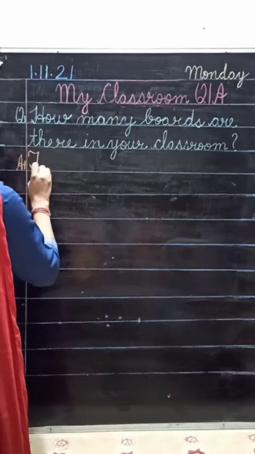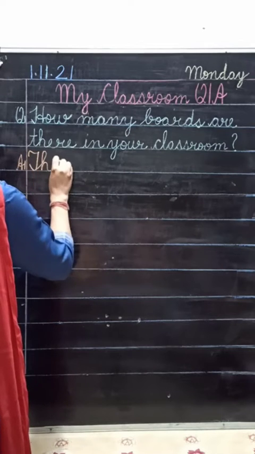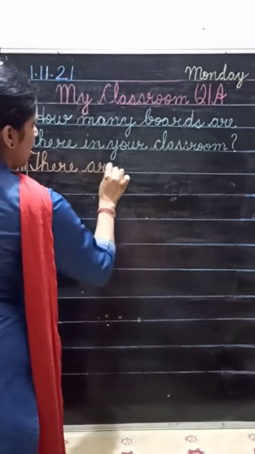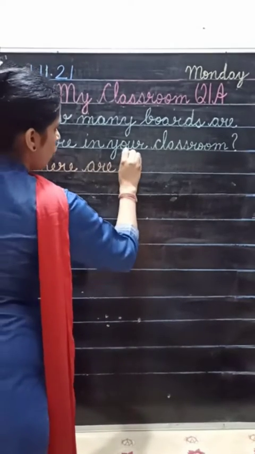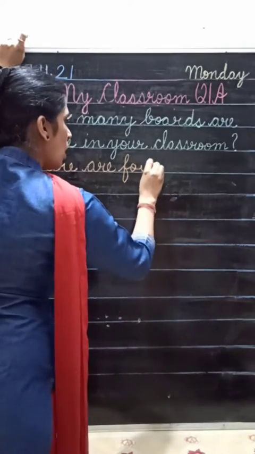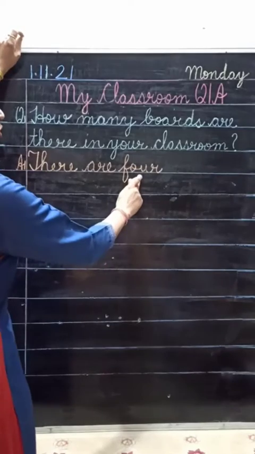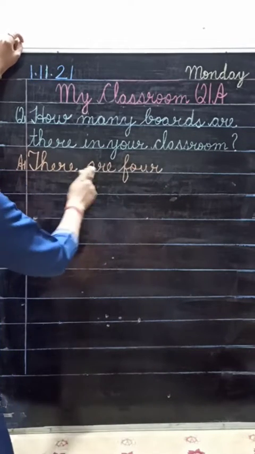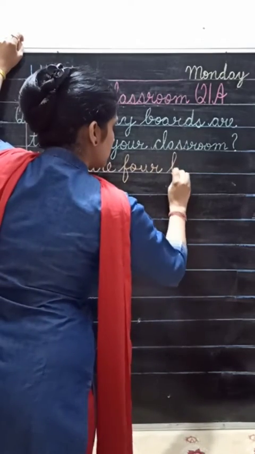Capital T, H-E-R-E, there, A-R-E, are, F-O-U-R, 4. You are to write down the spellings of 4 here. Okay? There are 4 boards.